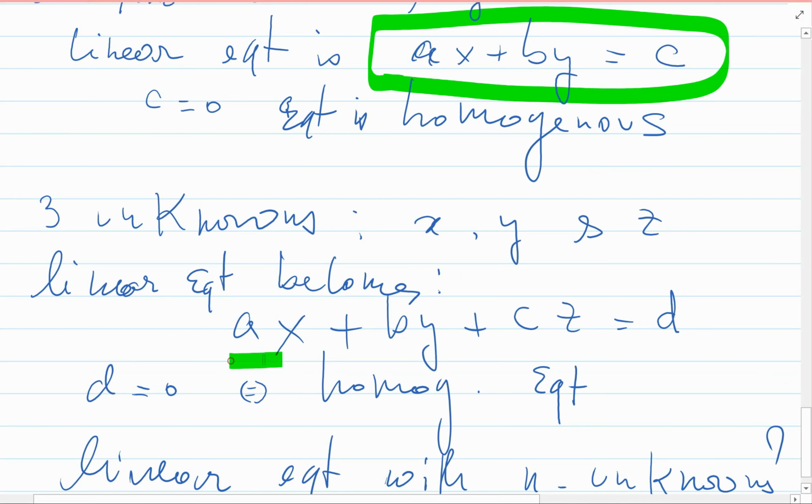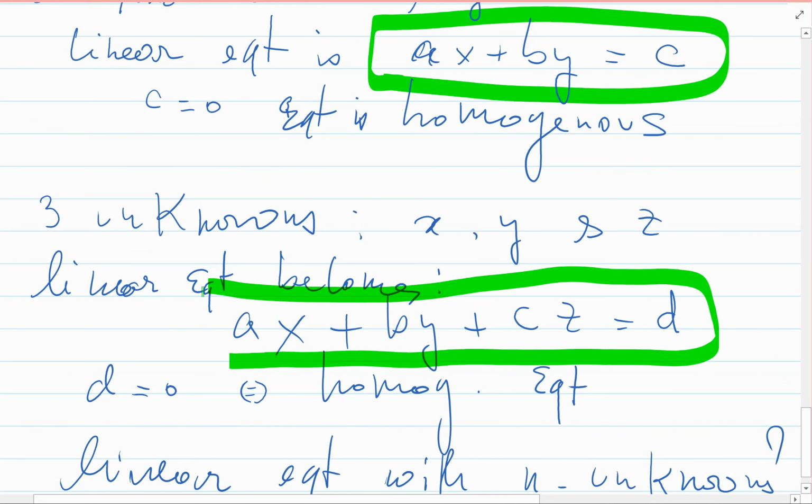Then it became ax plus by plus cz equals d. I can still handle 4 unknowns, 5 unknowns. But what happens, as in economics, where you have a large number of unknowns, when n is large? Therefore, it's not appropriate to use x, y, and z.